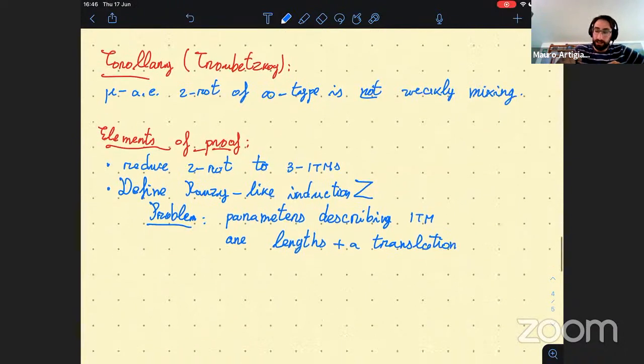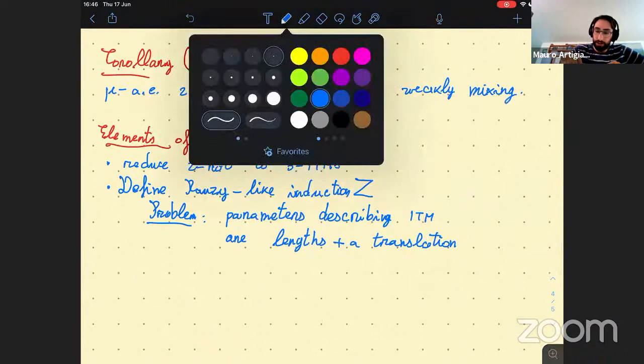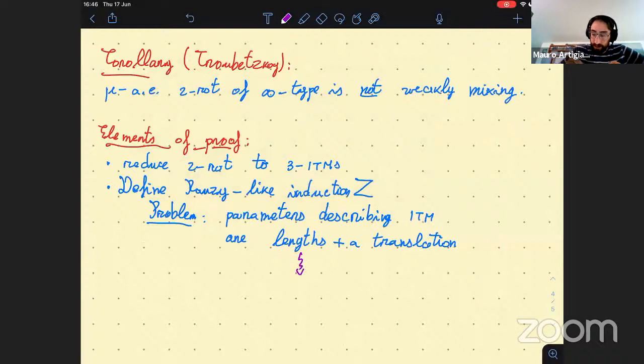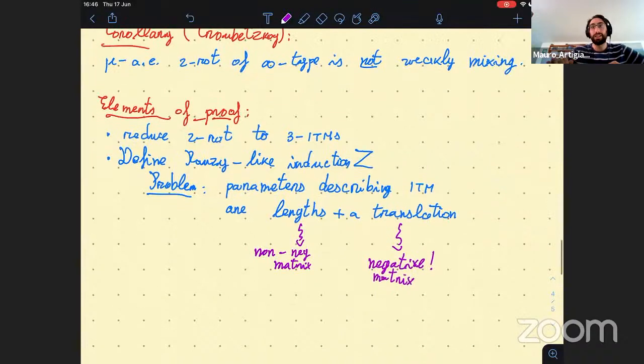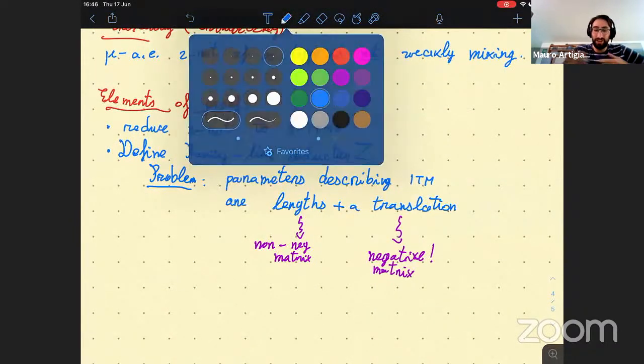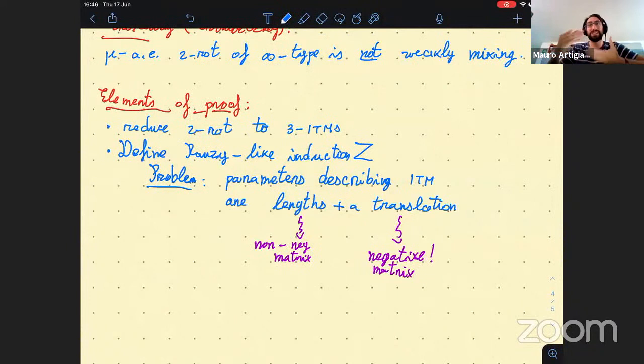And the problem is that under the renormalization, this one transforms with a non-negative matrix, but this one transforms with a negative matrix. And so basically, all our machinery breaks down. So you need to be a bit smarter, and you need to have a better idea.